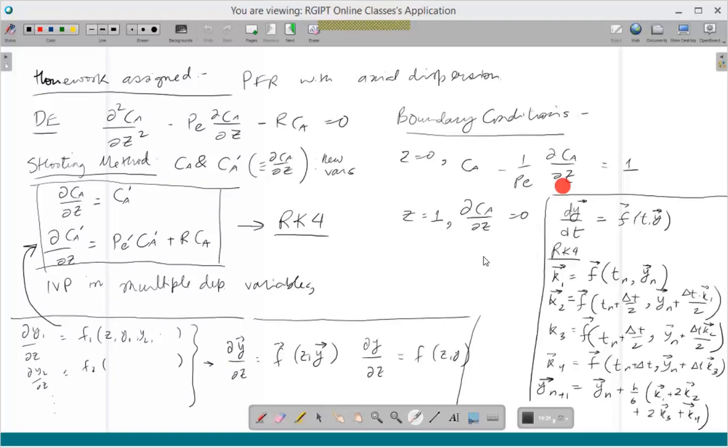So in our problem, y is CA and CA prime, the solution and its derivative. Having initial values at 0 means I need to know both CA and CA prime at t equal to 0.